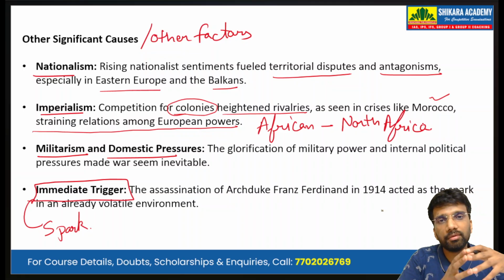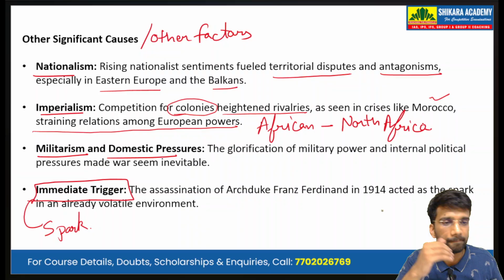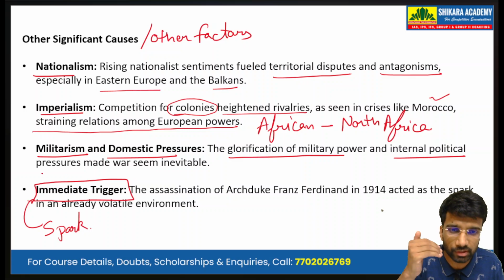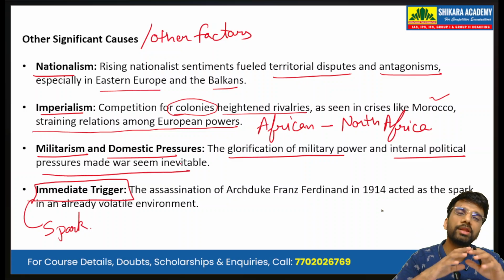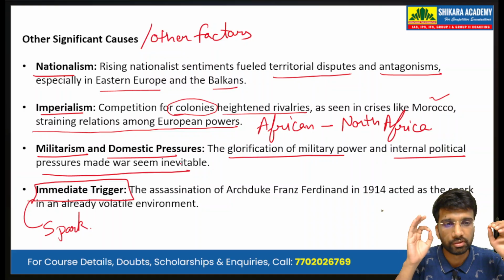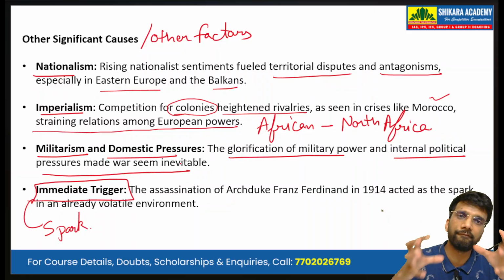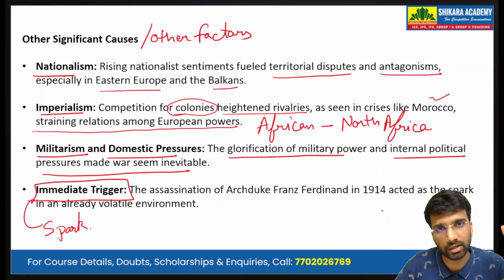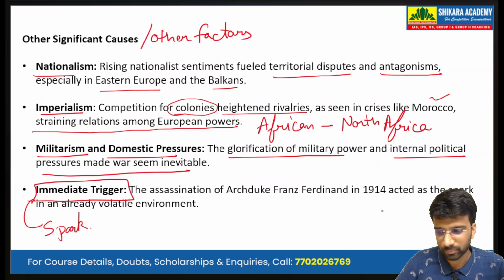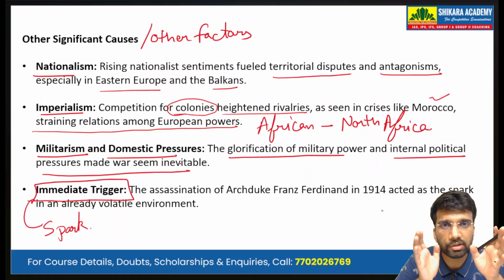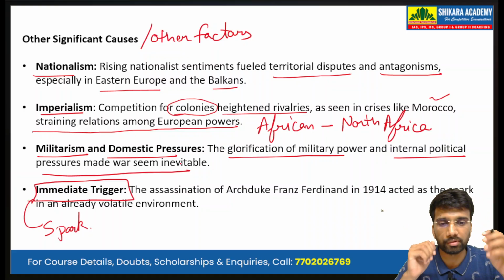Third, militarism and domestic pressures. The glorification of military power and internal political pressures made the war seem inevitable. There was too much glorification of the military power of the different nations. Every nation had great pride in its military, and there were political pressures building within these colonies and within these European powers.